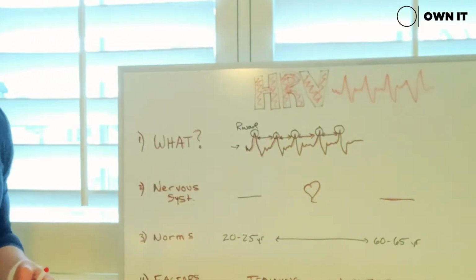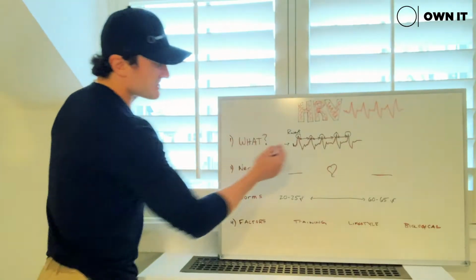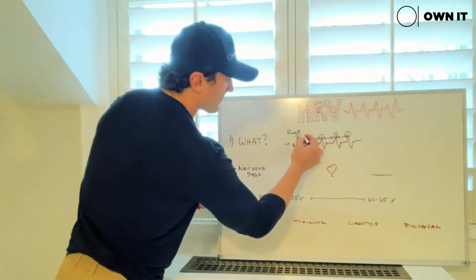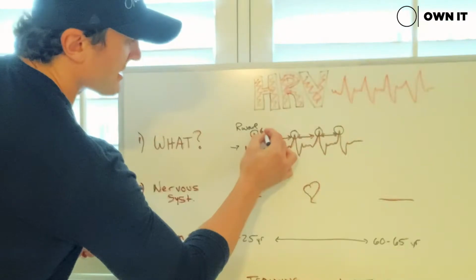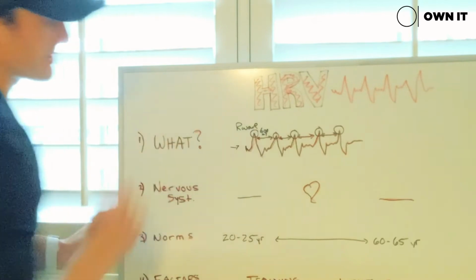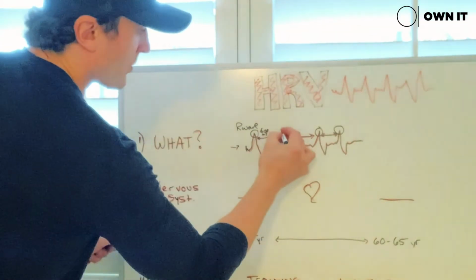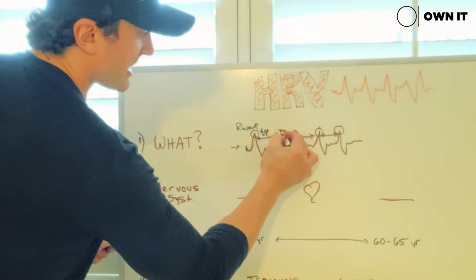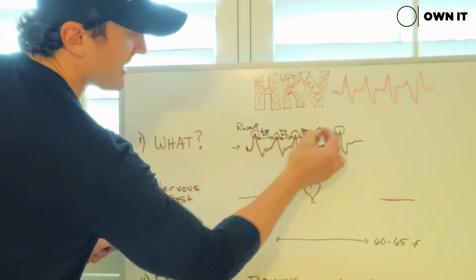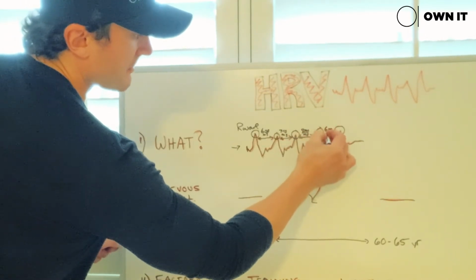By knowing that that's the R wave, we can understand that there's a difference in time between these. Say, for example, it was 600 milliseconds between beat 1 and beat 2. The next one was 710 milliseconds. The next one was 820 milliseconds. And then the next one was 610 milliseconds.